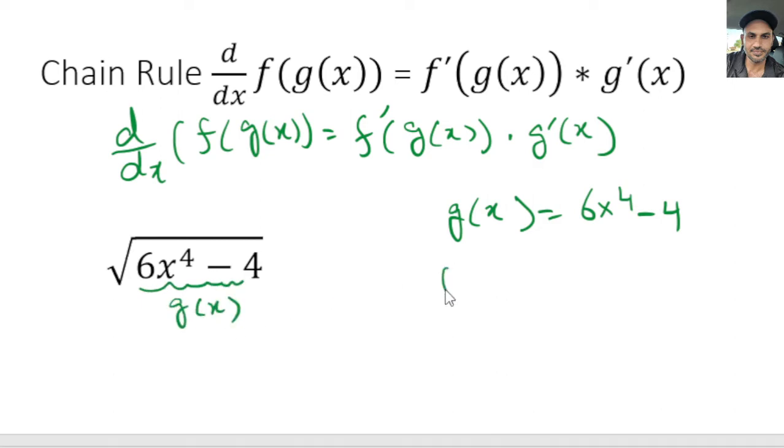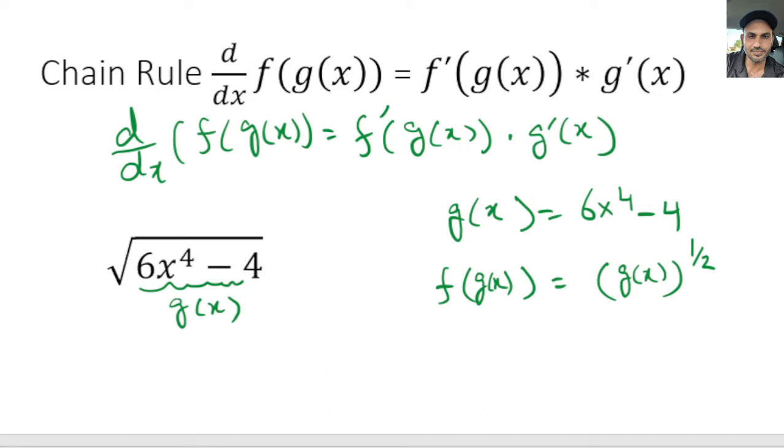And our main function is basically g of x raised to the 1/2. Okay, so this is our main function, and the g of x serves as the input of this main function right here. So this is how we're gonna apply this chain rule and solve for this particular kind of expressions.